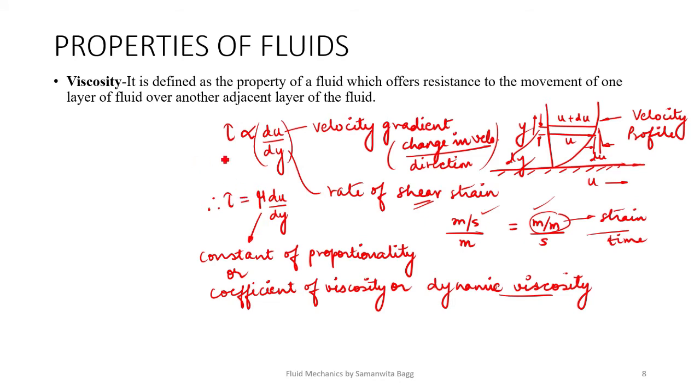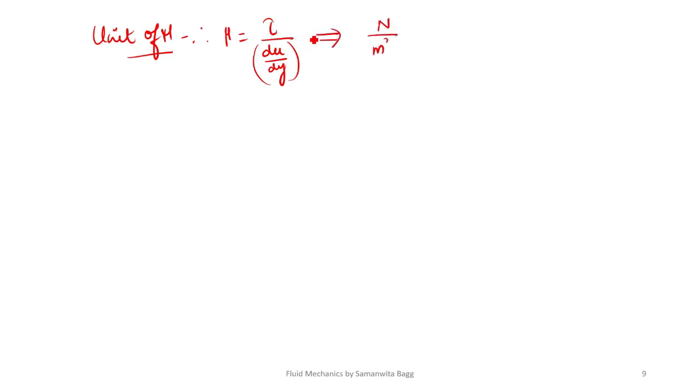Now let's talk about the unit of this term mu. For that I am going to shift mu on one side and rest of the terms on the other side. So I'll have therefore mu is equal to tau upon du by dy. Let's talk about the unit of these terms. For tau, the unit is Newton per meter square.